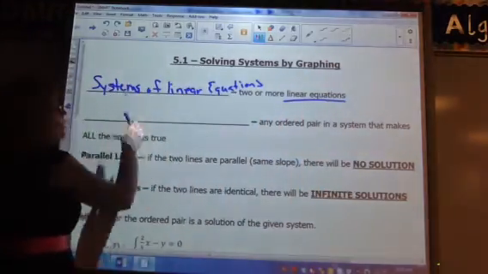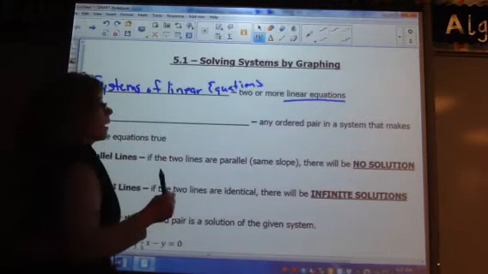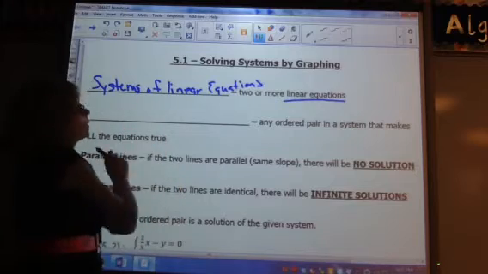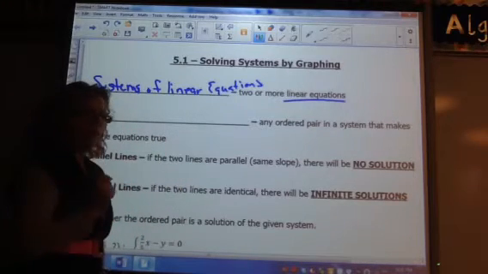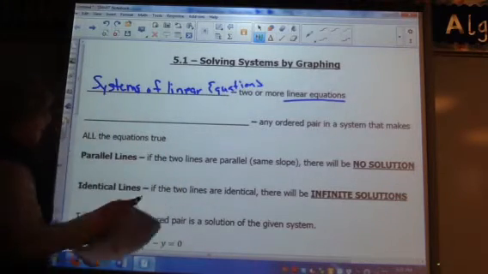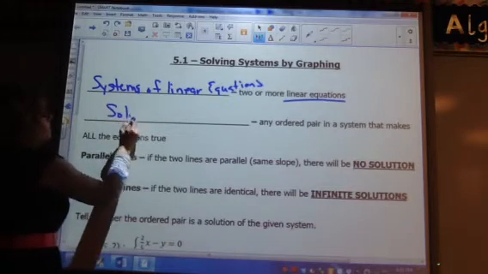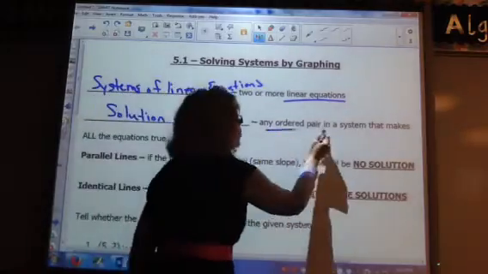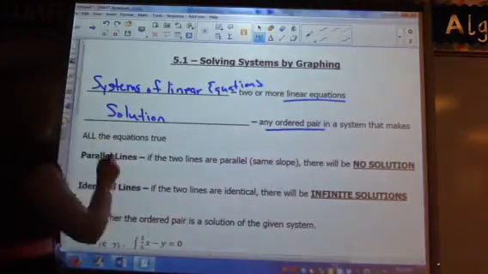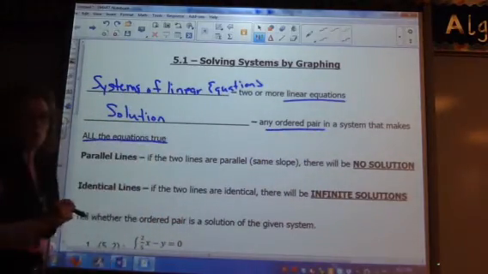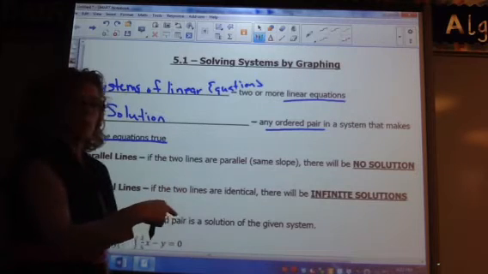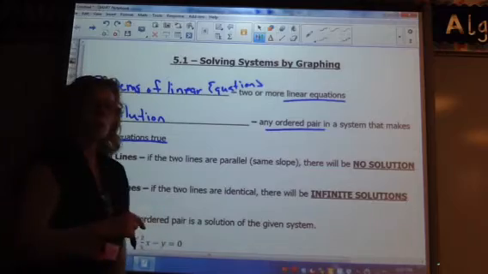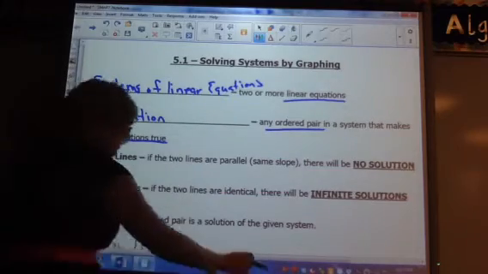So the system is when you have two or more lines, and whether you have 2 lines, 3 lines, or 4 lines, if it's a system of linear equations, they're all going to intersect in one point, okay? And the solution of the system of linear equations is the ordered pair that makes all the equations true. And that's what I just showed you with the coordinate plane in the introduction of this lesson. I graphed two linear equations and they intersected in one point.